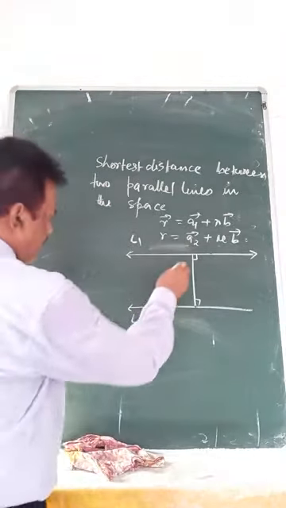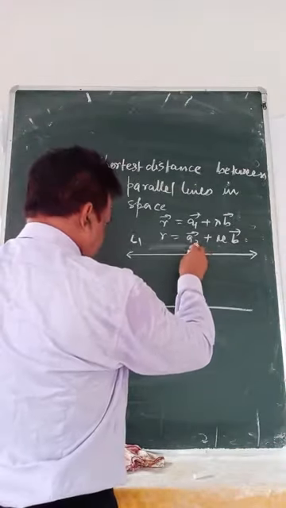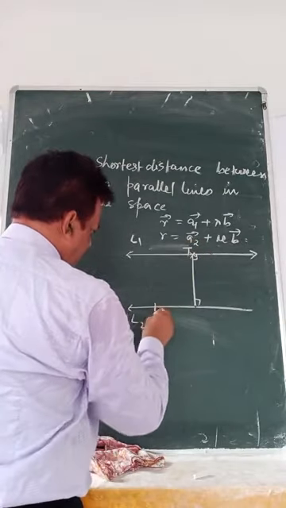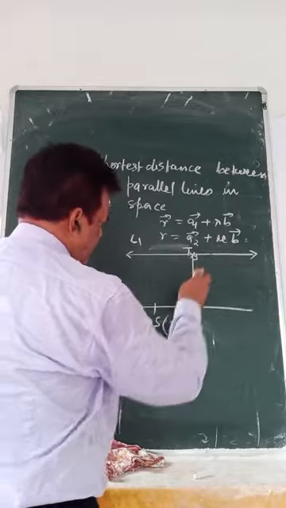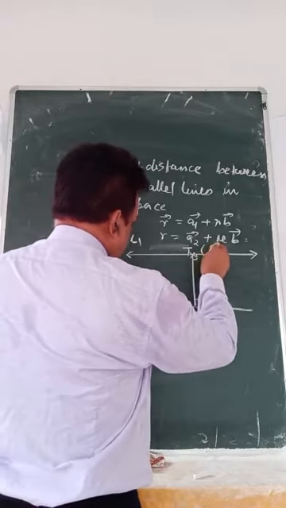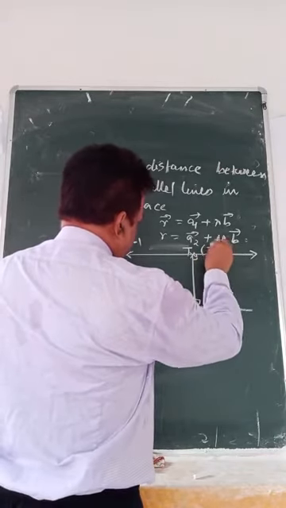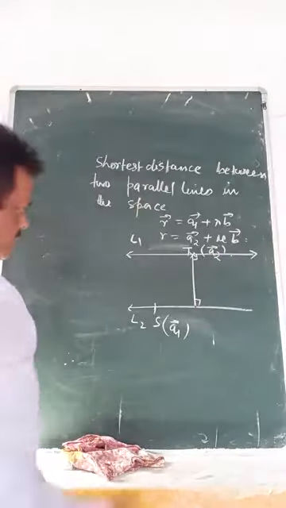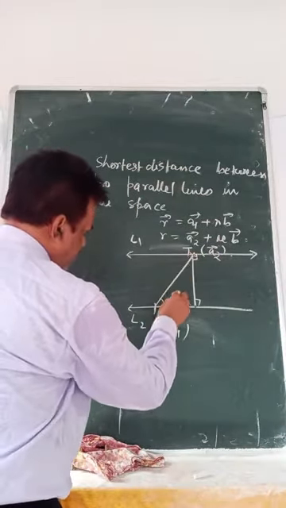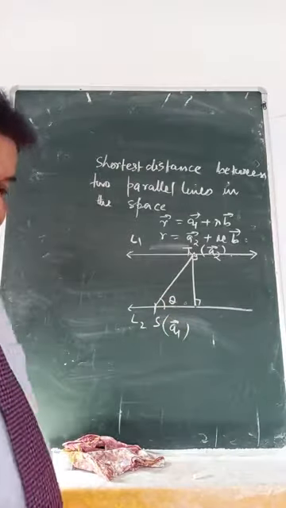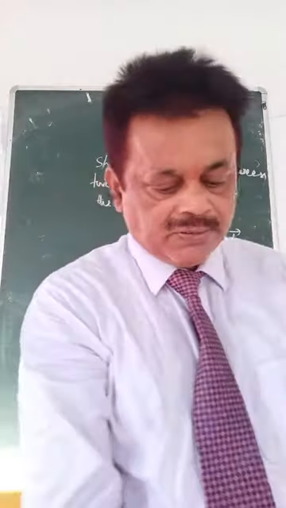Now suppose this is the point T, this is the point S. S has position vector A1, here it is A2. Now if I join here, suppose theta is the angle between them.